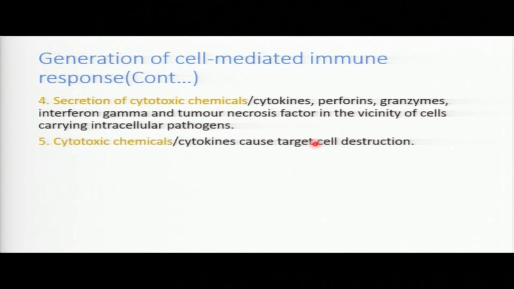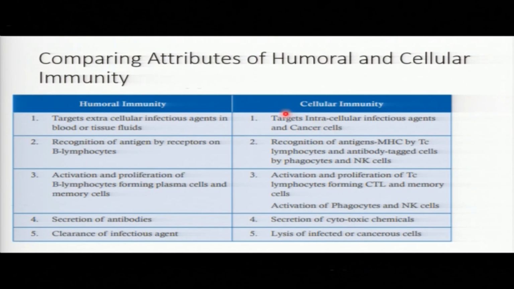Lastly, to compare with humoral immunity, which is secreted into the blood fluids, cellular immunity is directed against intracellular infectious agents and cancer cells. Humoral immunity is recognition of antigens by receptors on B lymphocytes, while this one is for T lymphocytes.